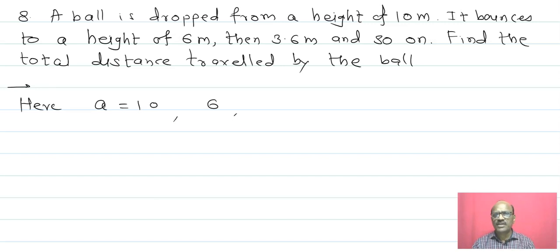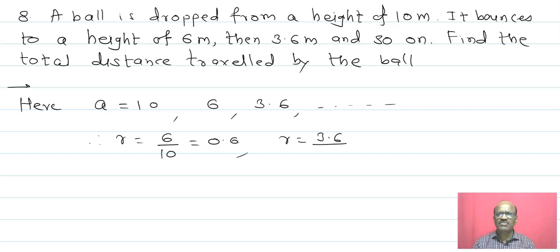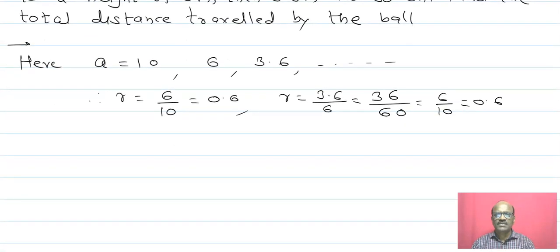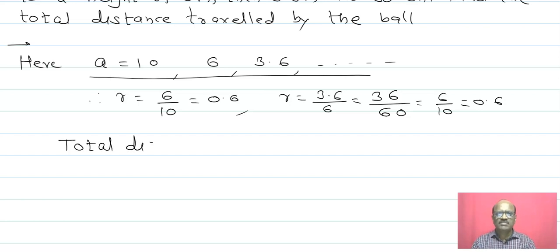Therefore, a is equals to 10 here, that is first bounce was there, then 6, 3.6, therefore r is equals to 6 upon 10, that is 0.6. Again we will calculate r, that is 3.6 upon 6 is 0.6 again. Therefore this is very simple problem, and my answer and the textbook answer are coinciding here, same.